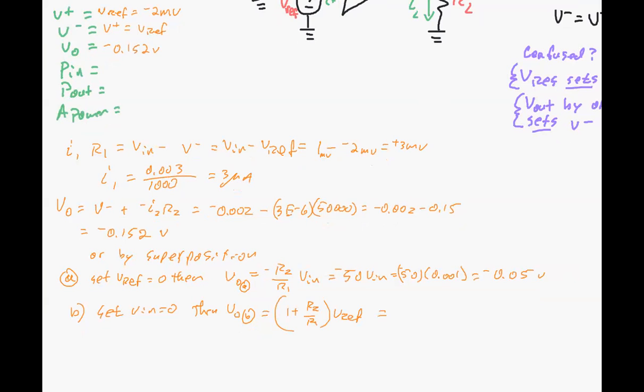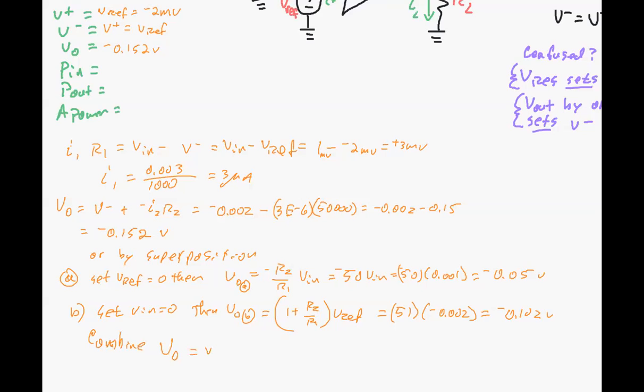That would be 51 times negative 2 millivolts, so we would get minus 0.102. And we combine by superposition.